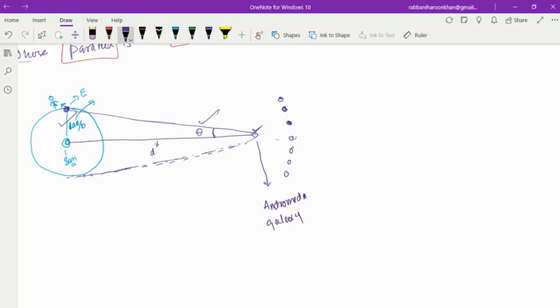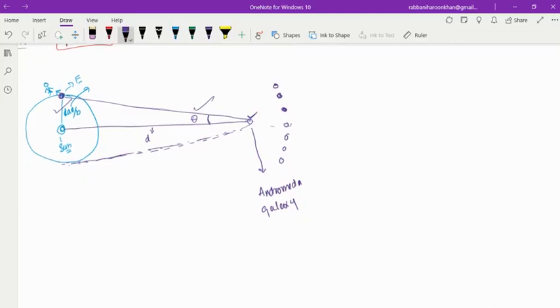So this is your theta. We can make the relation here, and we say that this angle theta is equal to this, AU or B. I'm writing it just as it is, and then we have D. You can understand that this distance is bigger than this distance.